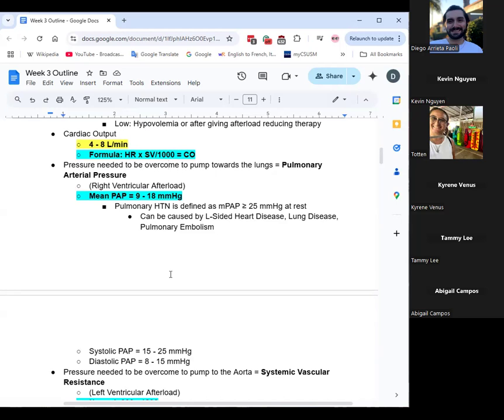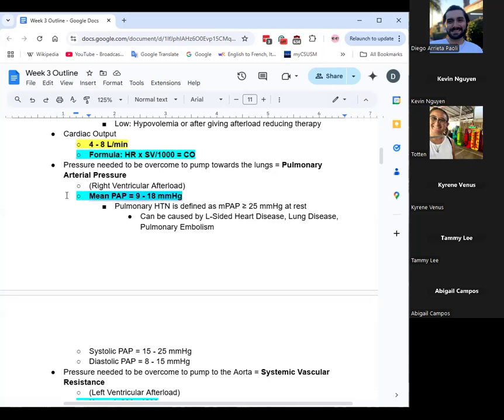It's the pressure that needs to be overcome for your heart to pump towards the lungs. So effectively, it's the right ventricular afterload. Your afterload is always the pressure that the body needs to overcome in order to actually pump blood somewhere. So it's the pressure inside the lungs that your heart has to push against to make its way through.